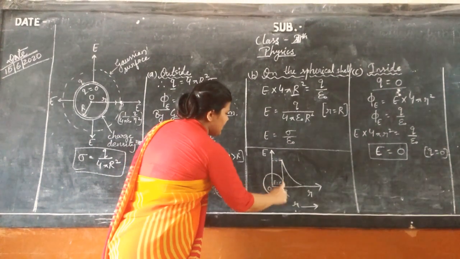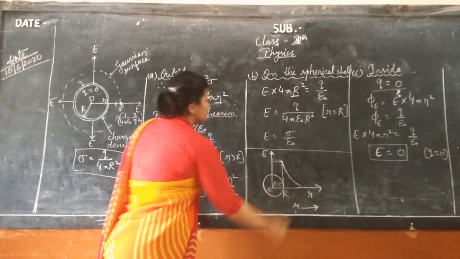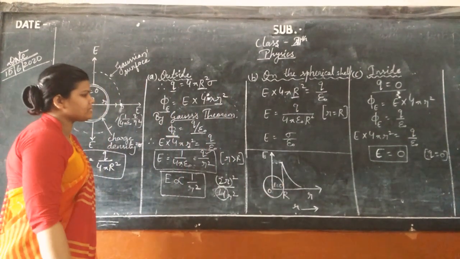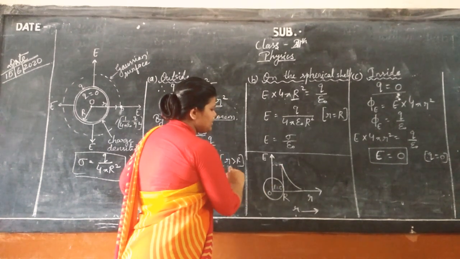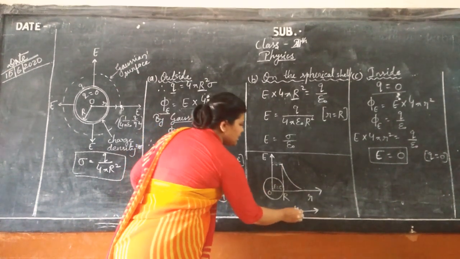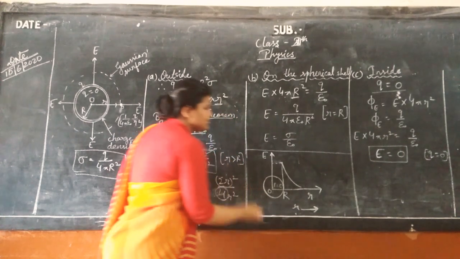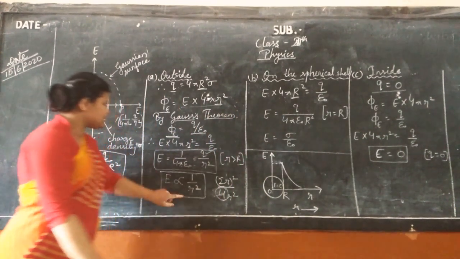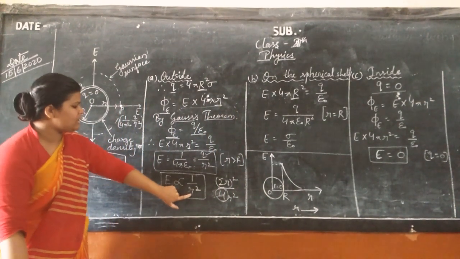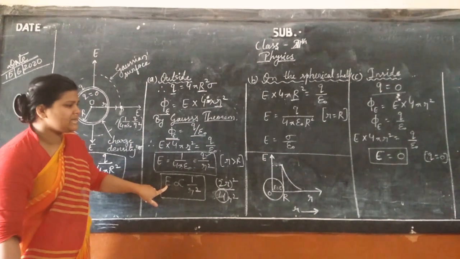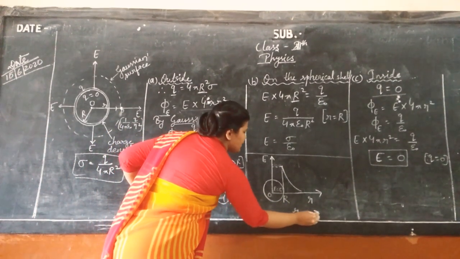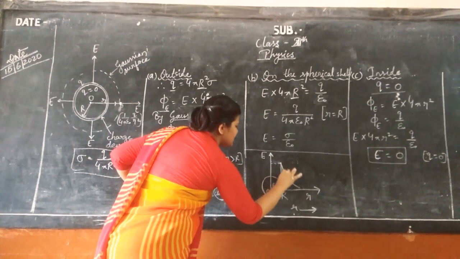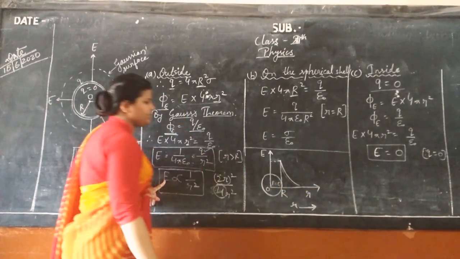Then at R it is having the highest value. On the spherical shell it is having the highest value, and as the distance increases, from this equation, the value of E decreases. So here you can see, as the value of R is increasing, the value of E is decreasing.